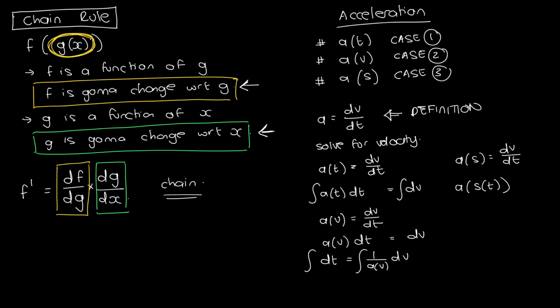So we want our derivative side to represent that function within a function situation. So we're going to use our chain rule to do that. Our dv dt is actually going to be, in this case, dv ds ds dt.